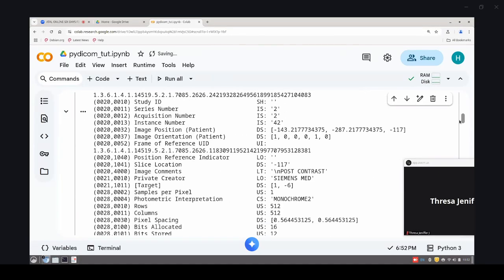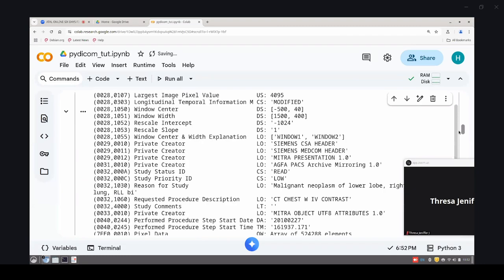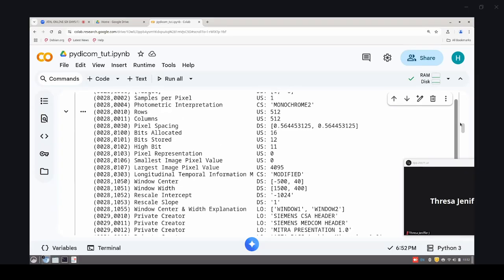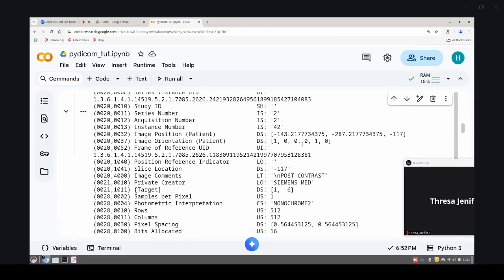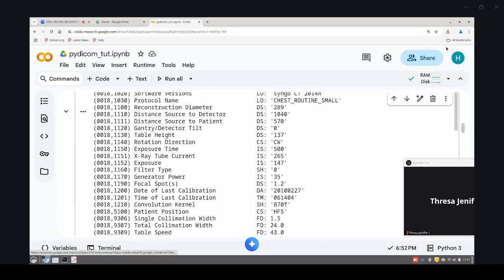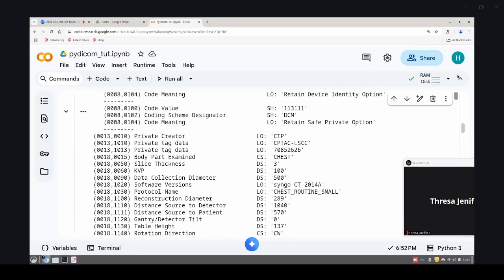This image is actually a CT scan image, not an X-ray image, which you can see from this PyDICOM metadata. 00321060 is the tag, and the requested procedure description is CT scan, and there is other metadata information. This was taken using a Siemens machine.